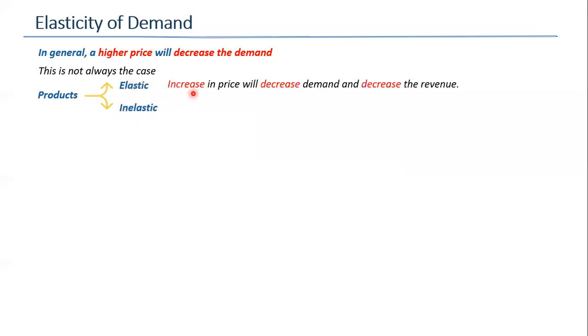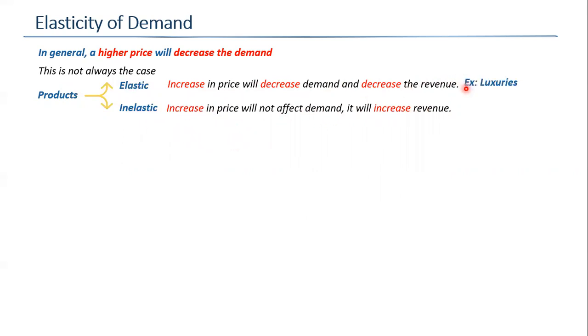When an increase in price decreases demand and decreases the revenue, in this case the product is elastic. If an increase in price does not affect demand, it will increase revenue. So this product is inelastic.